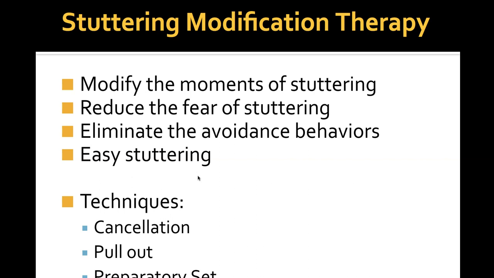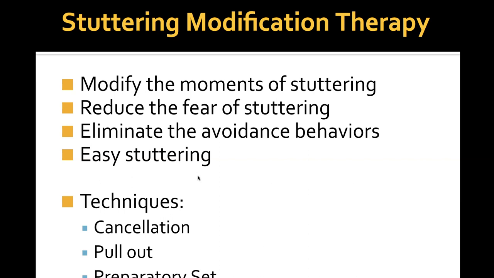Once the person gets good at that, they can practice doing a preparatory set where you're starting out with, like, this is like the last step in the cancellation, where I'm doing some nice, easy, forward-moving stuttering. And if I do that, I get to keep going.